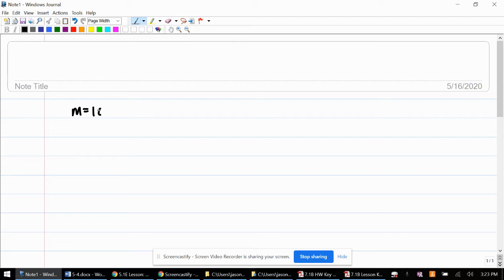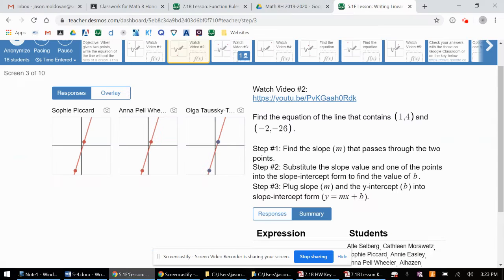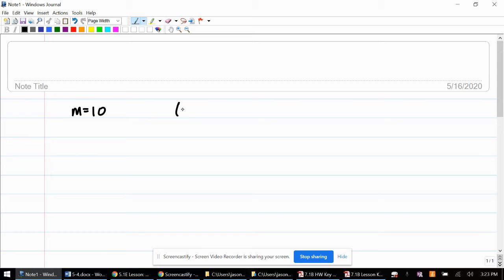So skipping to getting the slope, my points were 1, 4, and -2, -26. Just to differentiate, I'll do the first one in red.